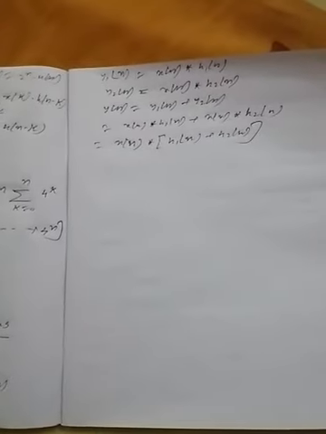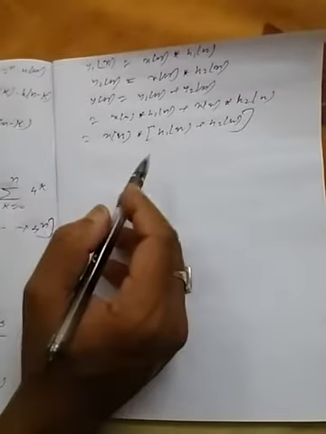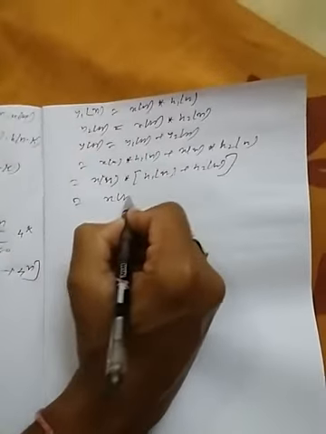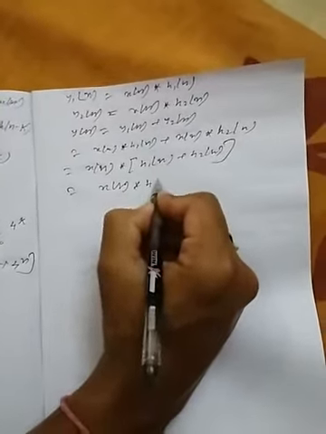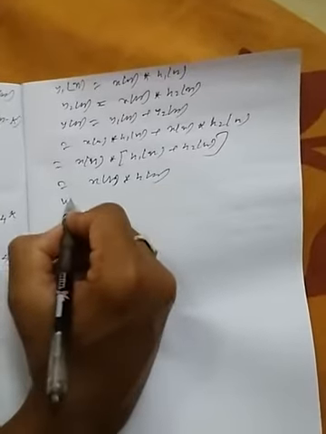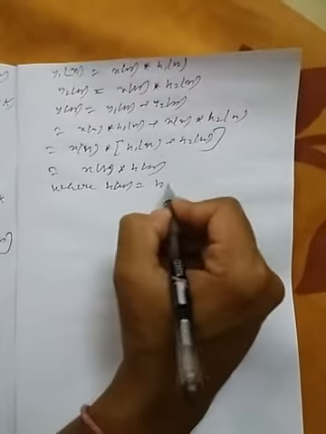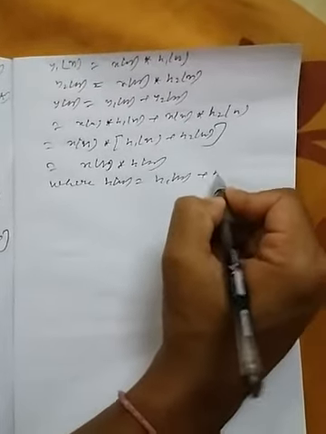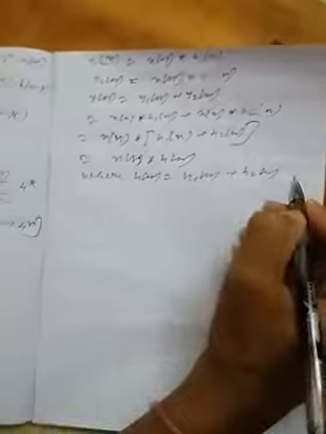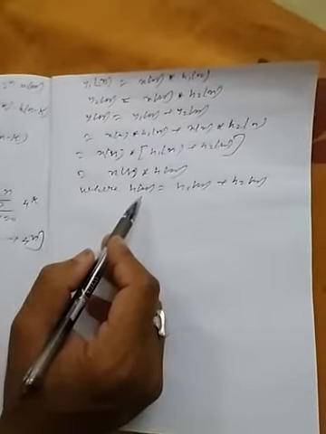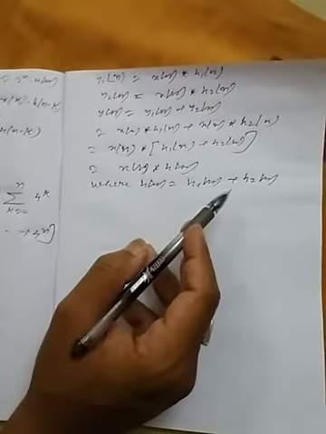So here we can see that in case of parallel connection, the overall impulse response, if we assume this is equal to hn, then xn convolution hn, where hn equal to h1n plus h2n. So we can see that in case of parallel connection, the overall impulse response is the addition of the two impulse responses.